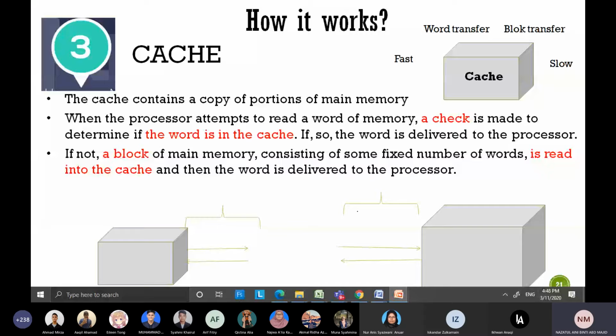Okay, how to fill this one? The cache contains a copy of portions of main memory. Okay, just read that. Try to see how you can draw here, in the middle.